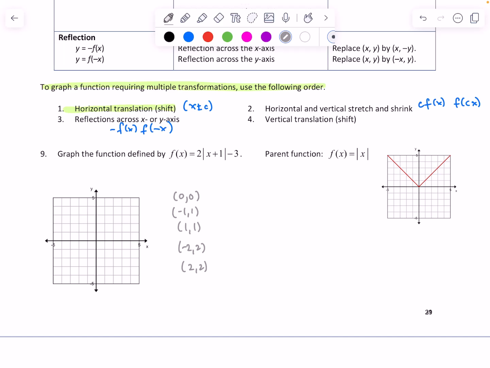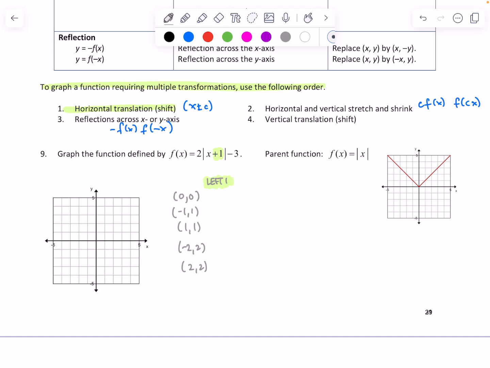So the first thing we want to look for, since it's our first step, is whether or not we have a horizontal translation. And we do. We've got a horizontal translation right here. So that translation, we are moving left by 1. That means that all of our x's, we're going to subtract 1 from them.